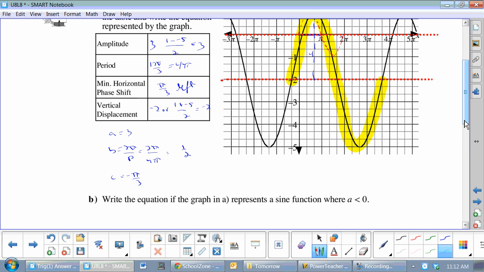And D is negative 2. So my equation is y equals 3 sine of 1/2 times x plus pi over 3, minus 2.